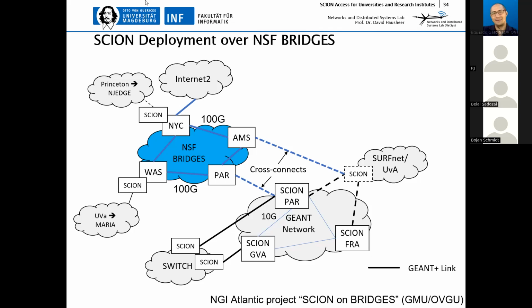And our idea is to establish cross connections to this infrastructure, one in Paris from our SCION node in Paris, and another one to Amsterdam, potentially with the help of SURF and the University of Amsterdam. We are currently in contact with them to then be able to connect our existing GÉANT SCION deployment using Bridges infrastructure with the internet too and the universities there in the US.